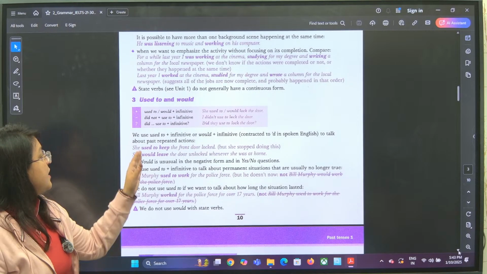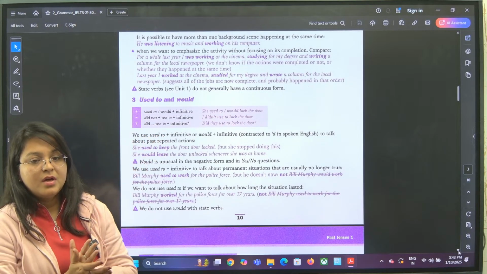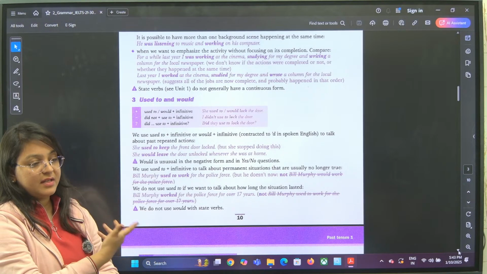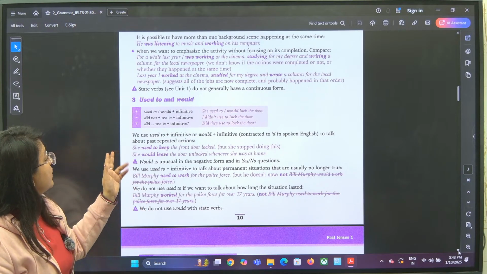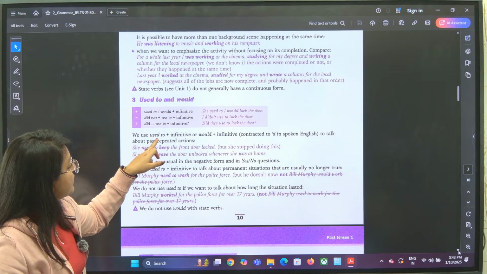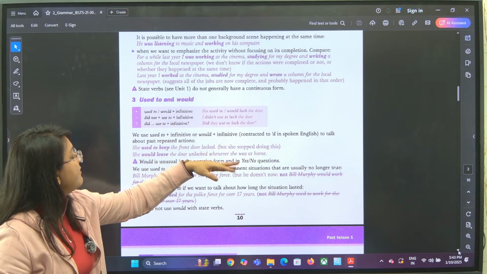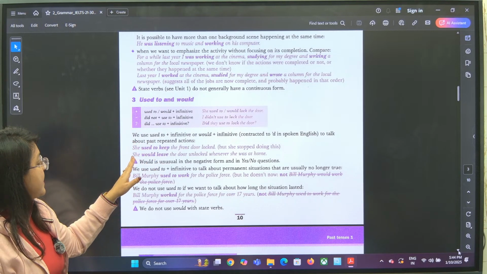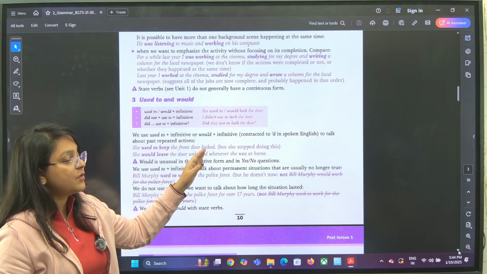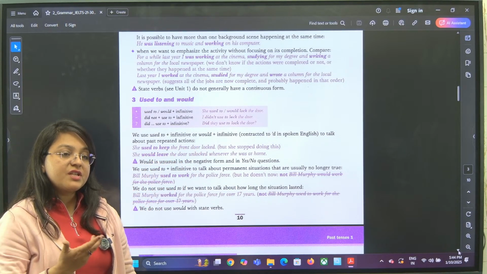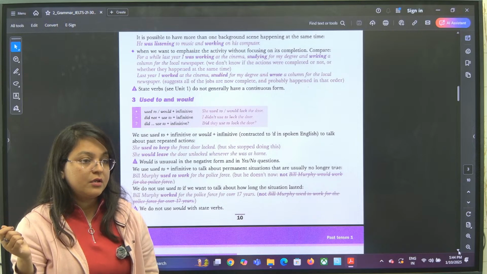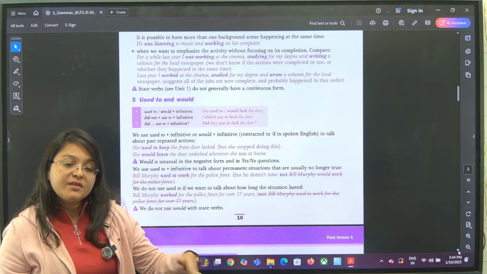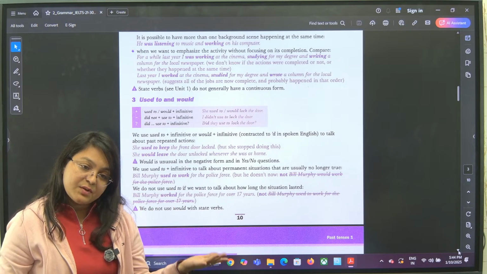The next one here is used to and would. Used to is used for something which was a habit in the past. Okay. So, we use used to plus infinitive or would plus infinitive when we want to talk about past repeated action. For example, she used to keep the front door locked. So, do you think she would have locked her door of her home once only? No, she might be doing it multiple times. That was her habit.